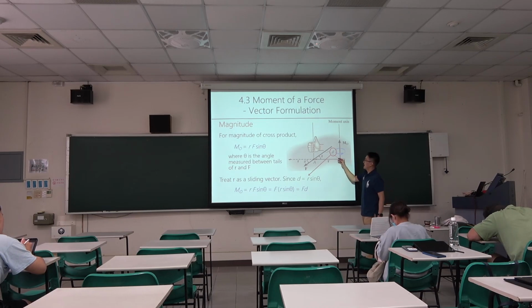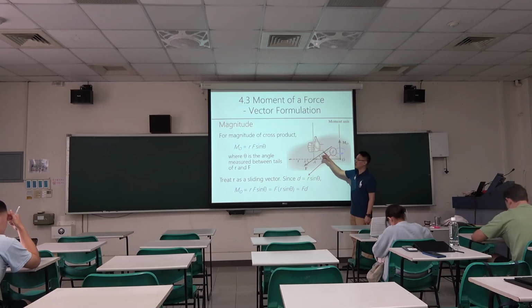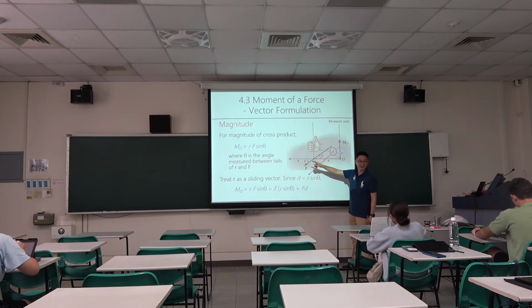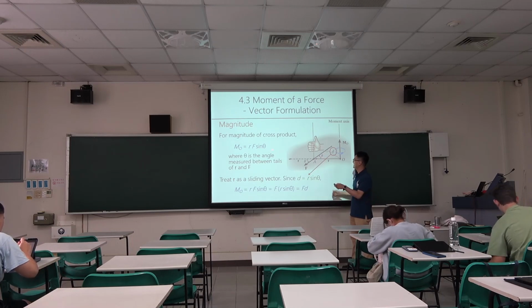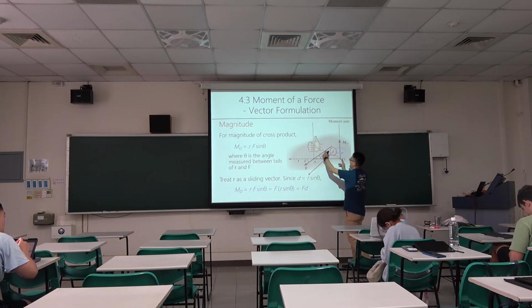So, theta, if two vectors have a certain angle, then we use the cross product. This already considers the scalar times sine theta.